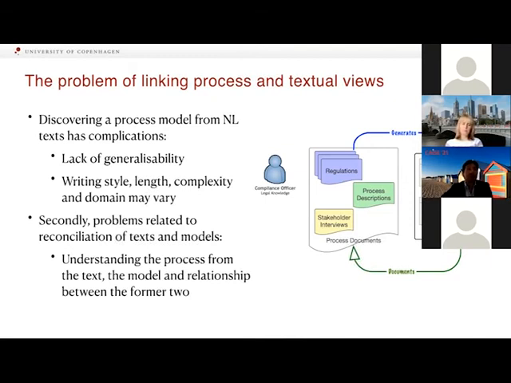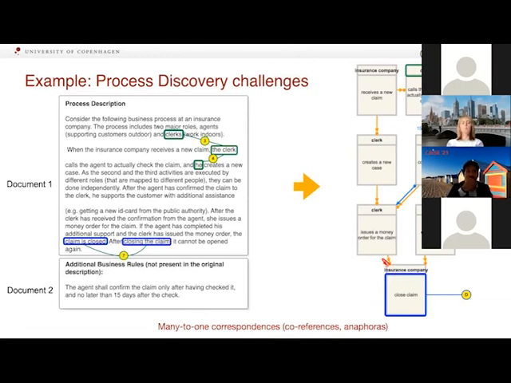The second part is what happens once you have built the model. How is the information in the model interrelated with the information in the text? Which part should be considered and which part should be discarded? To give you some examples of ambiguity, on the left side you have a couple of documents that we want to mine from, and we would like to have a resulting graph, which is the one on the right.